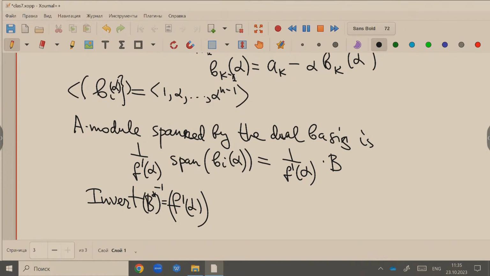Yeah, so easier, but yes, you have to consider formally derivations which are trivial on A, and this is just the defining property.